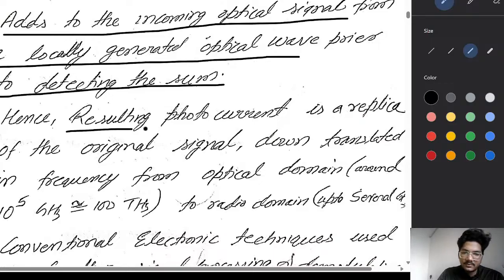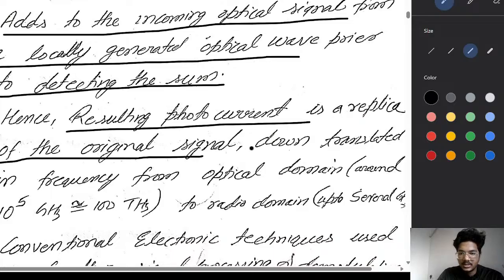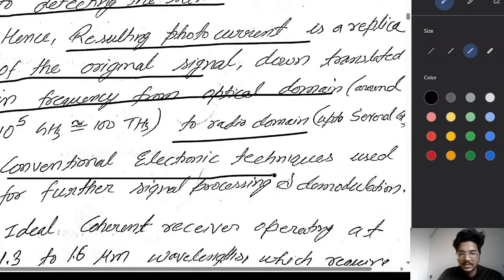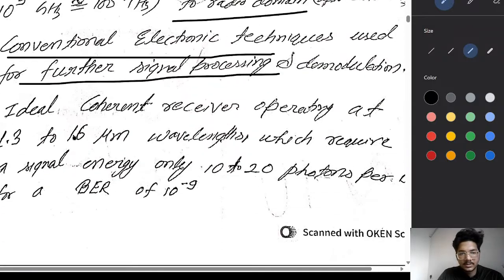Hence the resulting photocurrent is a replica of the original signal, translated to conventional electronic technique used for further signal processing and demodulation.